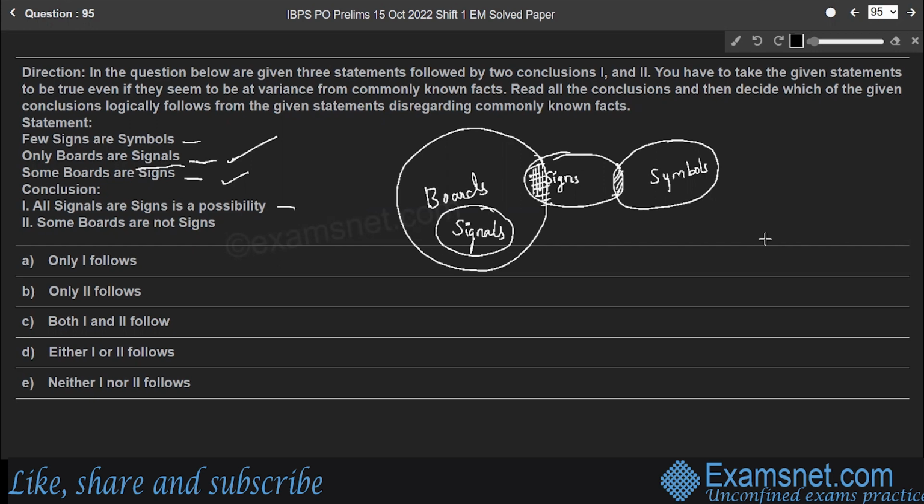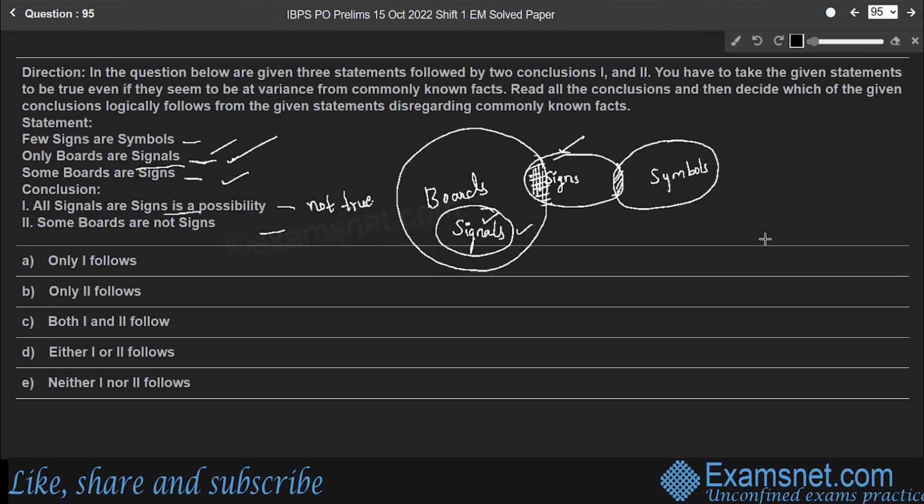Here are two conclusions. One, all signals are signs is a possibility. So, which is not true? Which is not true, because here only boards are signals. So every signal is a board.